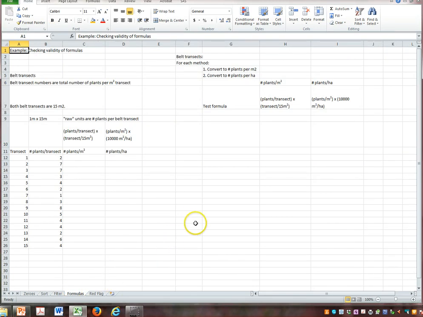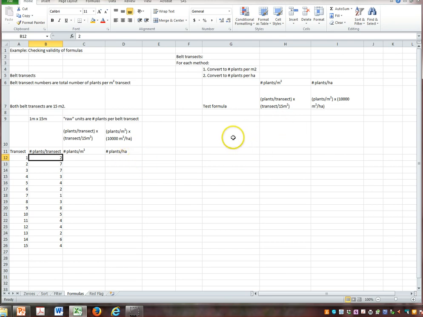When we're using formulas, oftentimes we'll collect data in a certain format, such as the number of plants per transect that we see here. And we want to convert that to units that are more meaningful. So in this case, the transects were 15 meters squared, and we need to convert that data to the number of plants per meter squared and ultimately the number of plants per hectare.